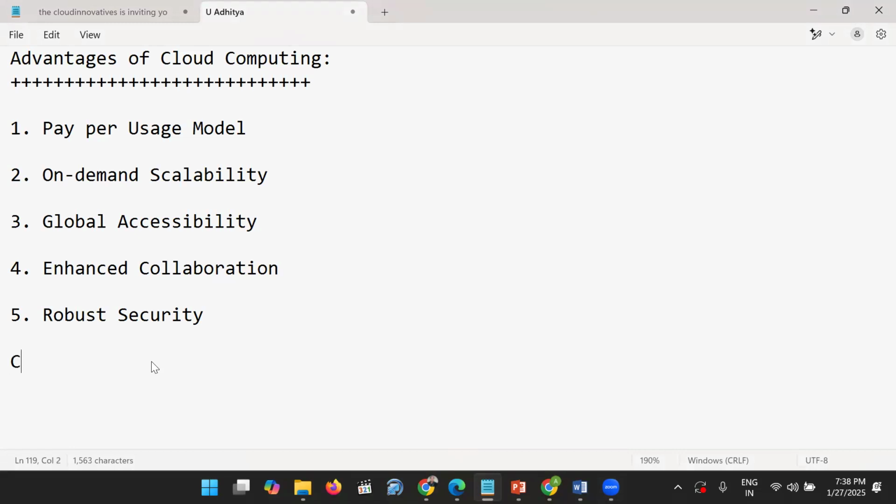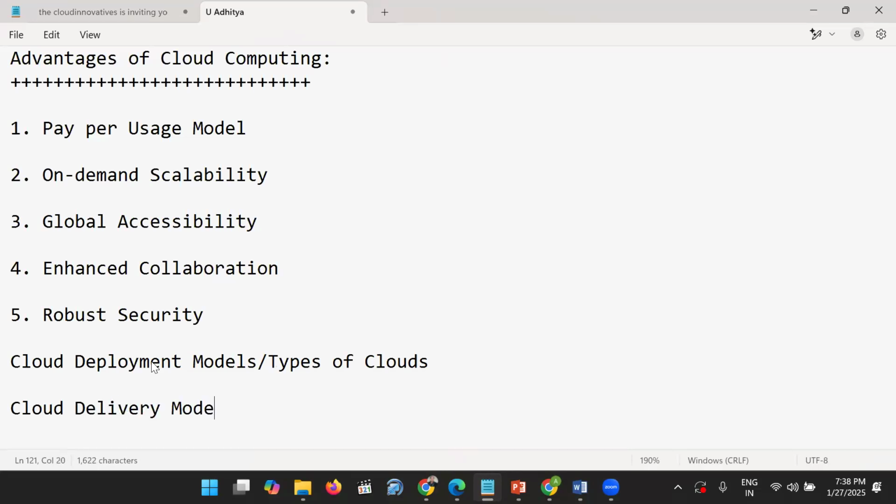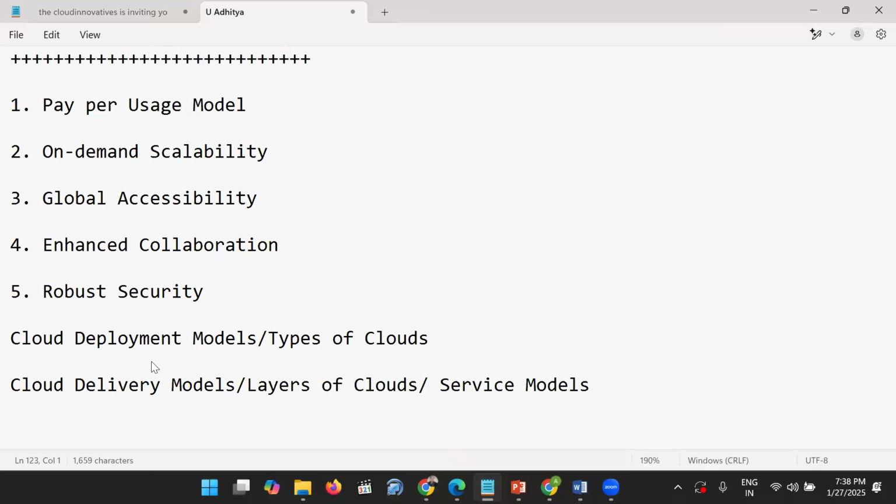That is cloud deployment models, or we also call it types of clouds, and cloud delivery models, which we also call layers of clouds, or service models.